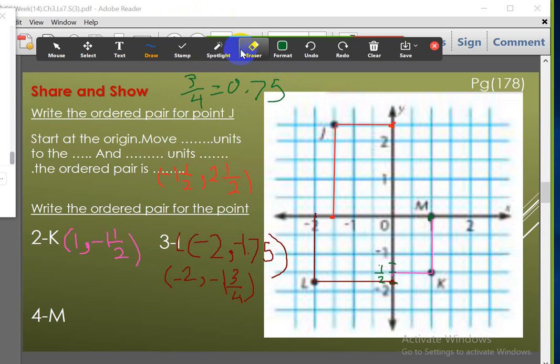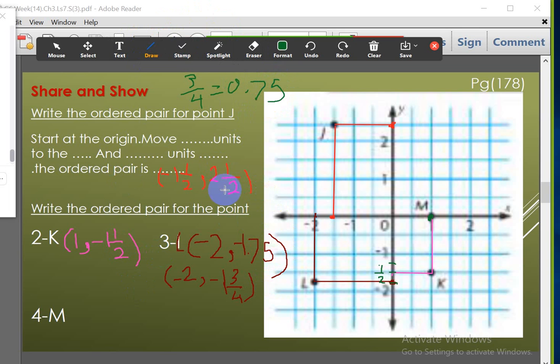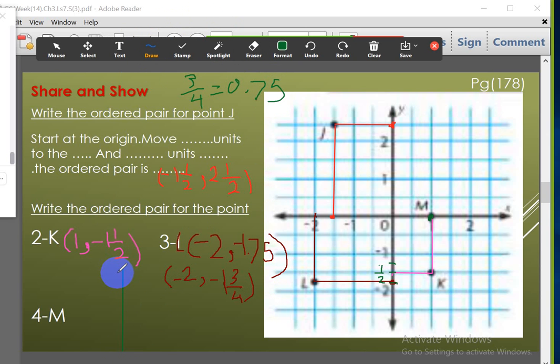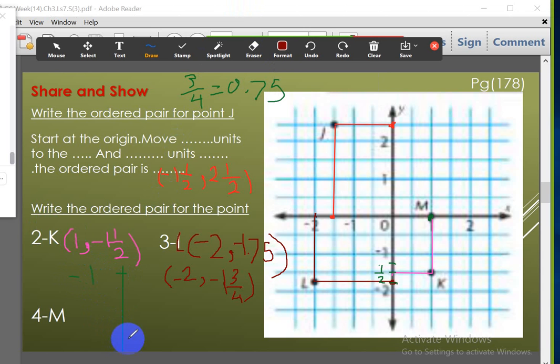Because if I want to, I will draw it in a long way here, like this, girls. Look, girls, this is negative 1 and this is negative 2. I think you can see it, right? This is negative 2 and this is negative 1.